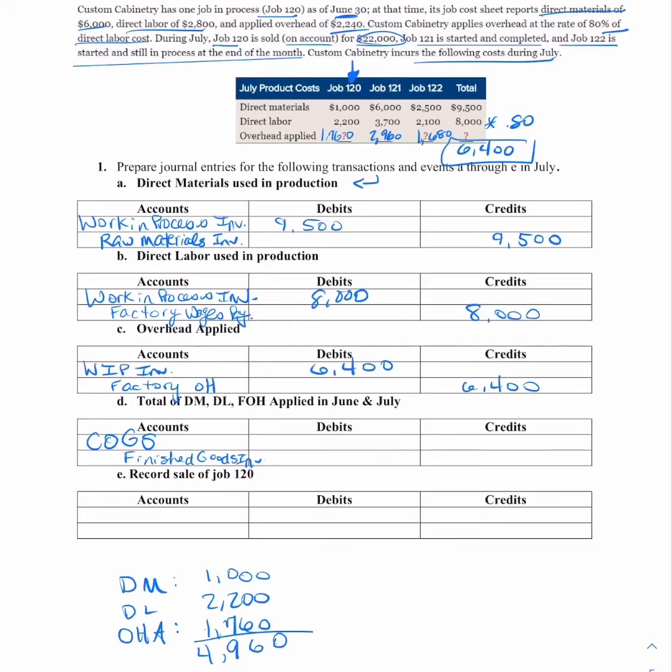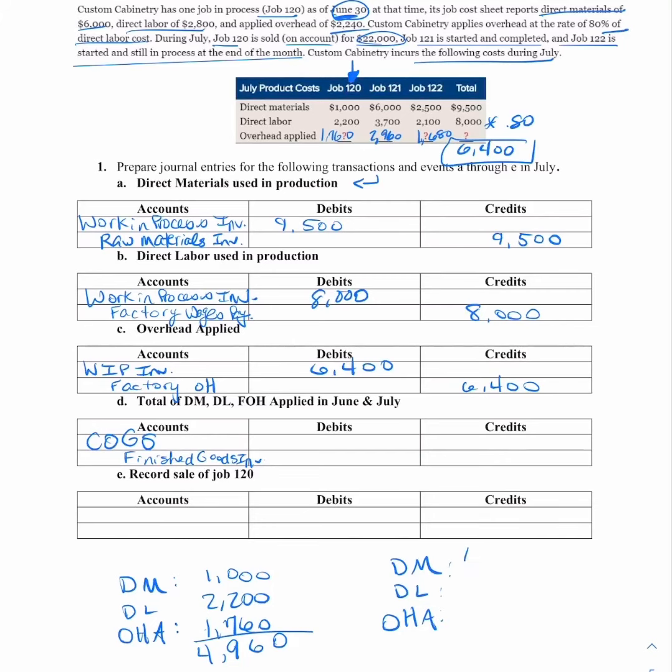And the reason is because you forgot about the costs that were incurred prior to this month. So you've got to look back and see, well, did any work happen to this job before? And in June, actually, some work got done. So it's not just this, but it's also these additional direct materials, direct labor, and overhead applied back from June.